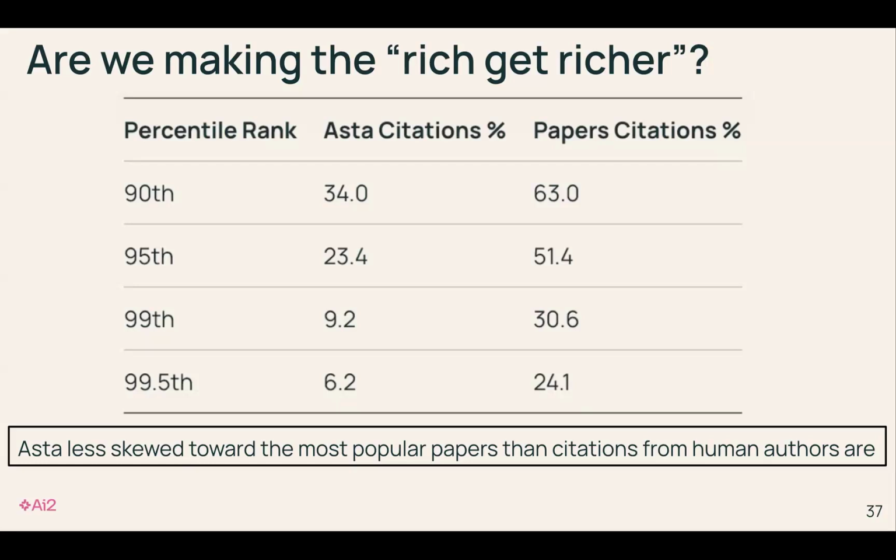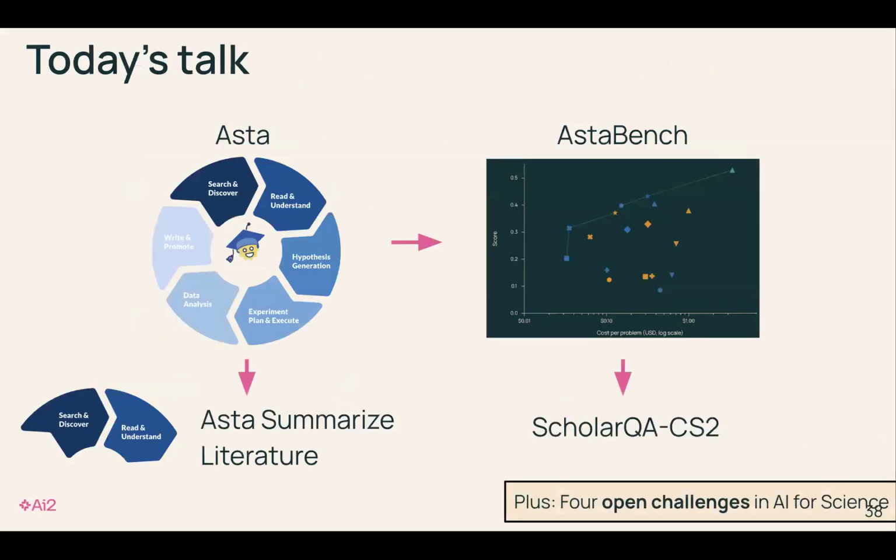So that's what we're comparing here. At the 90th percentile, 63% of the citations in papers go to the top 10% of cited papers, and only 34% for Asta. And then it gets more extreme as you go up this list. So we weren't expecting this, by the way, but it turned out to be true in our data.